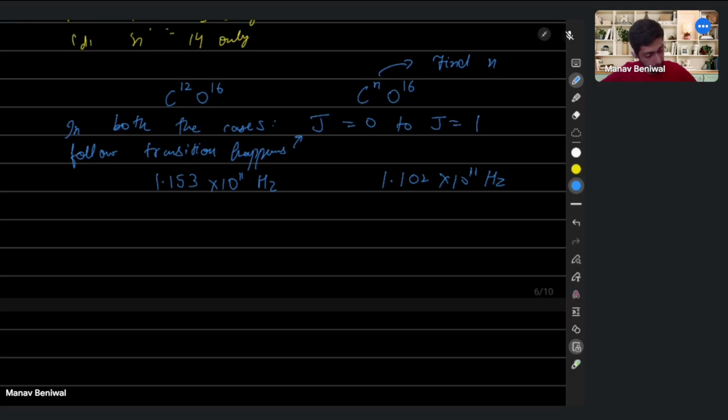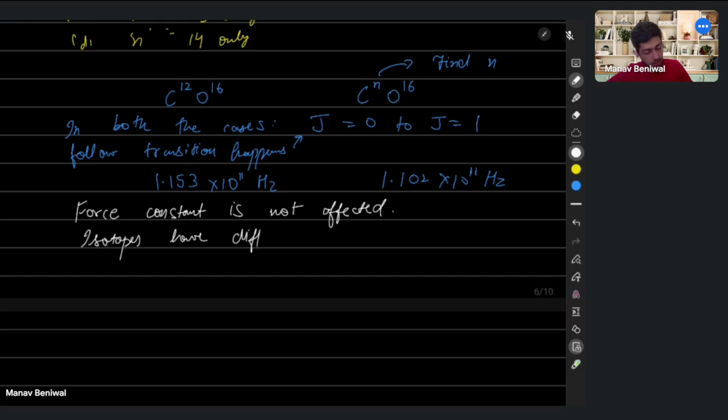Let's write: force constant is not affected. But what is affected? Because isotopes have different mass, this means mu is affected.